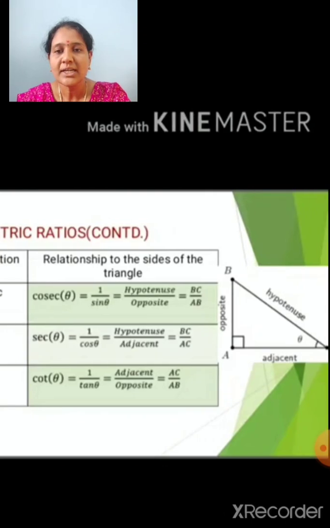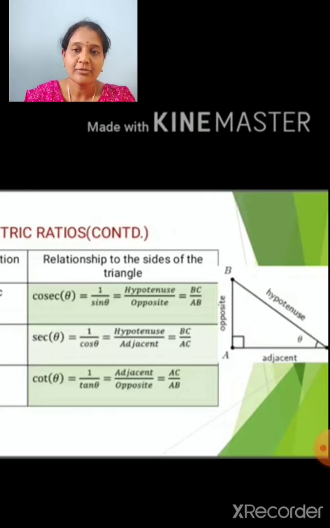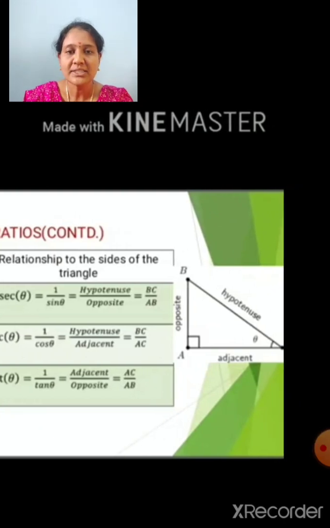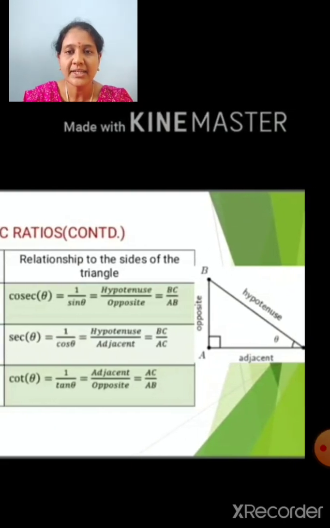Reciprocal is nothing but interchanging the numerator and denominator. In sine, the formula is opposite side by hypotenuse. When we move to cosecant, we just interchange the numerator and denominator, that is hypotenuse by opposite side. In the adjacent figure, the hypotenuse is BC and the opposite side is AB.